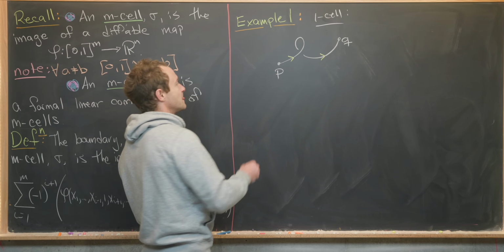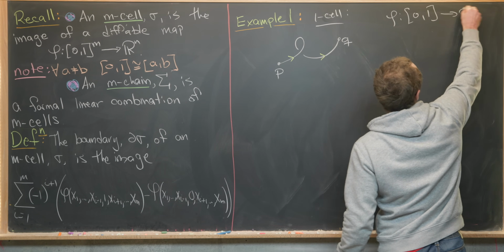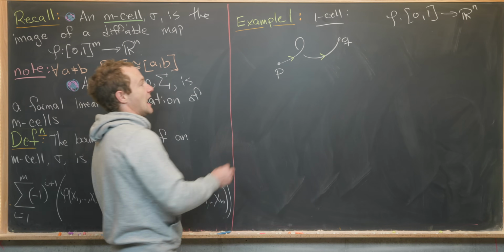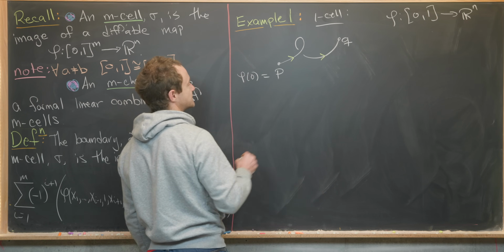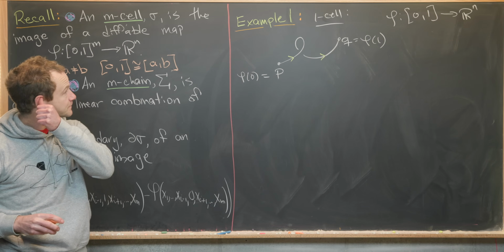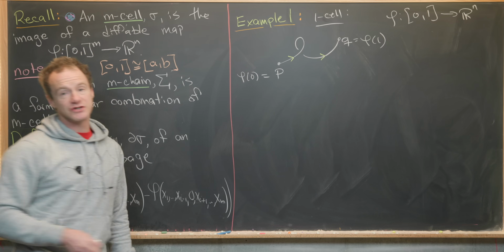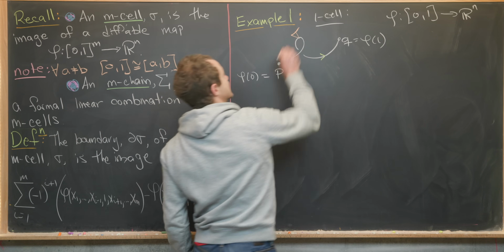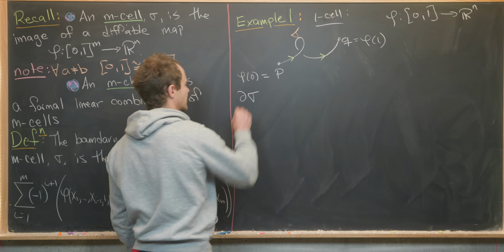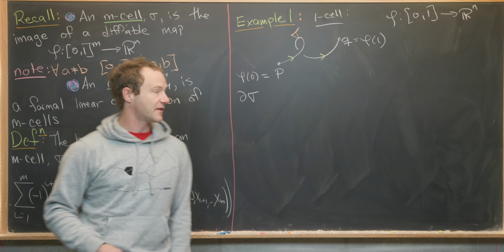What that means is that we've got a function phi from 0, 1 into R^n, where this is our curve living in n-dimensional space. And we have phi of 0 equals P, and phi evaluated at 1 equals Q. This actual object, which is the curve, in other words, the image of this function phi, is our one-cell sigma. Now if we use this definition, for d sigma we just need to sum from i equals 1 to 1, so there's really nothing to do there.